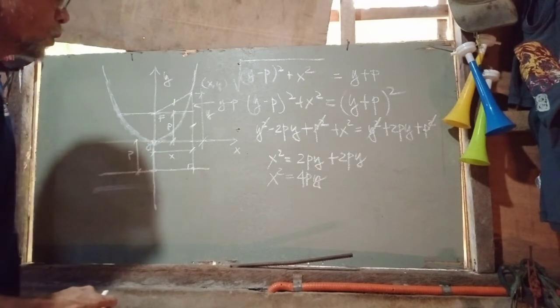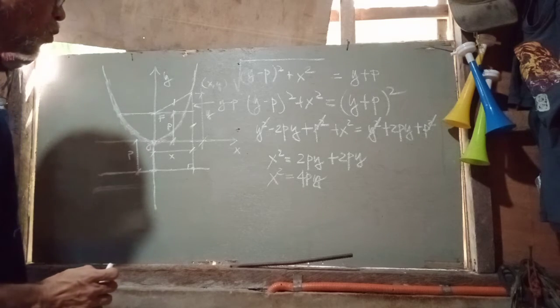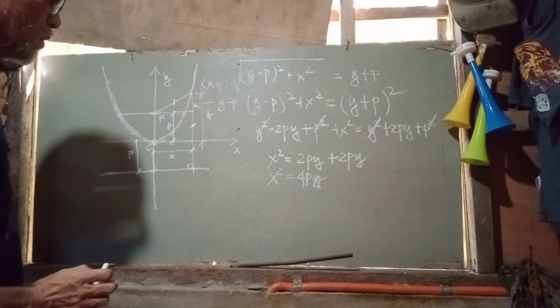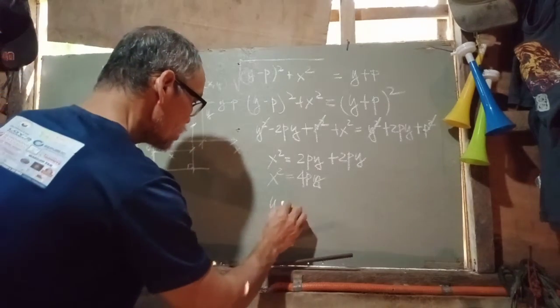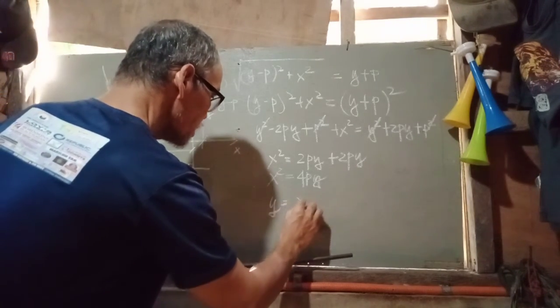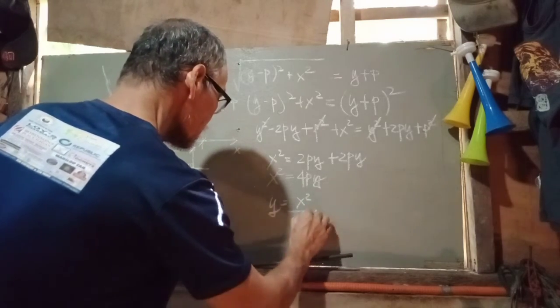So we will take y as the subject. So y will be equal to x squared over 4p.